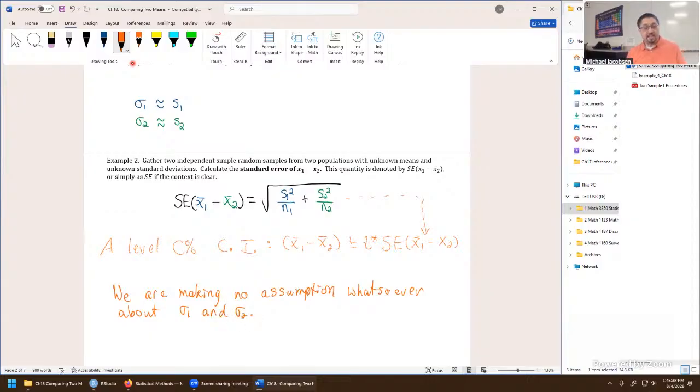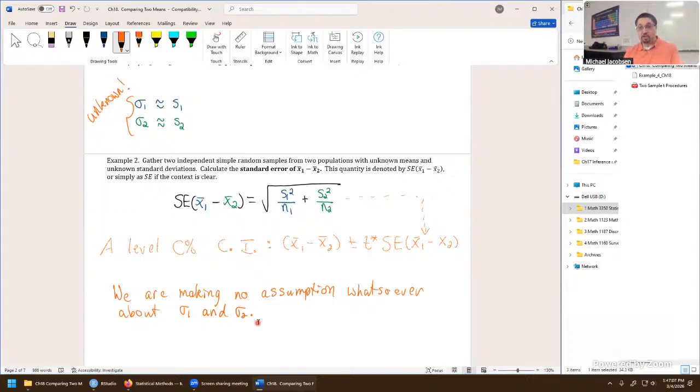There are certain tests that can use a pooled standard deviation and give you a really easy degrees of freedom. It'll be sample size 1 plus sample size 2, subtract 2, and you're done. But our degrees of freedom are going to get really complicated because we're not only saying sigma 1 and sigma 2 are unknown. Let's just say it right here: we also do not know that they're equal.